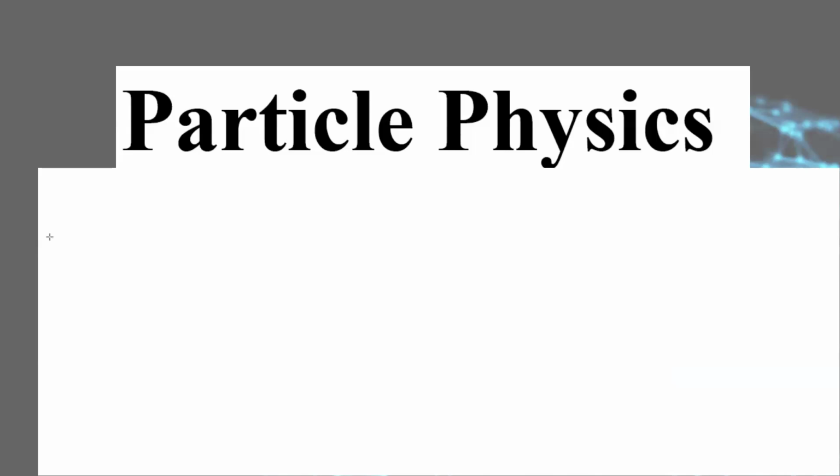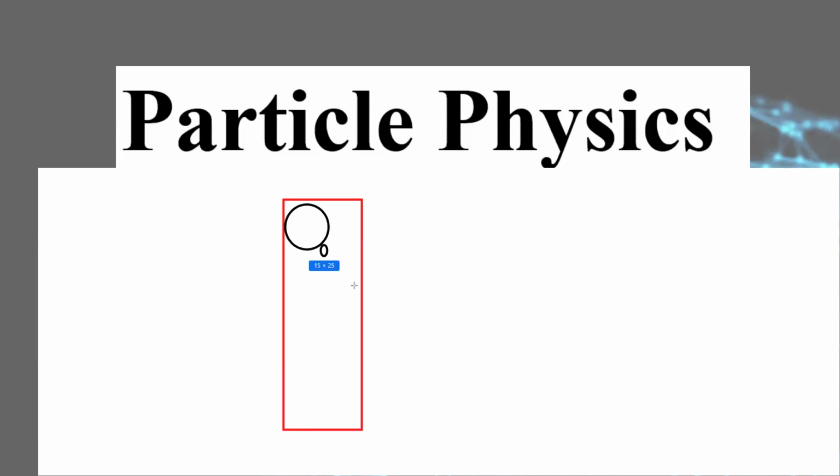What he did, he took a thin metal foil, and he targeted this metal foil with alpha particles. Alpha particles are also known as helium nuclei, or the nucleus of helium. Metal has a lattice of positive charges and delocalized electrons.